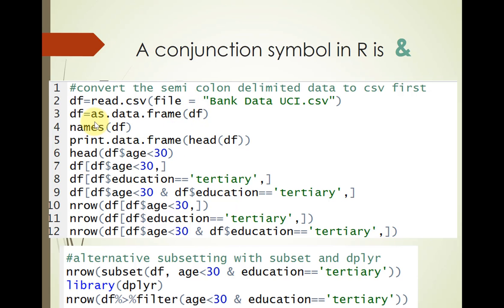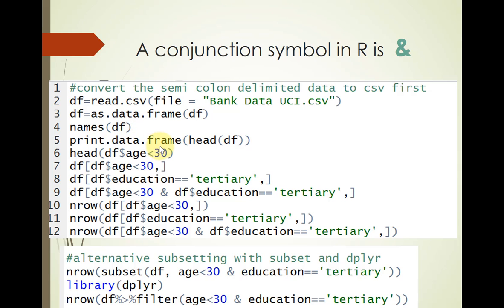Then after we read it, we're going to give it a name, DF for data frame, and make sure it's converted to a data frame. We're going to check the names of the variables. We're going to view it, and this is another way to view the data. We can use this print statement, specifically one for data frames.